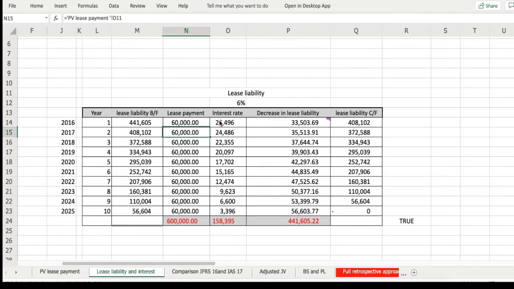Under IFRS 16, the total would be the interest charge plus the lease liability, which gives us the total of these 2 years.